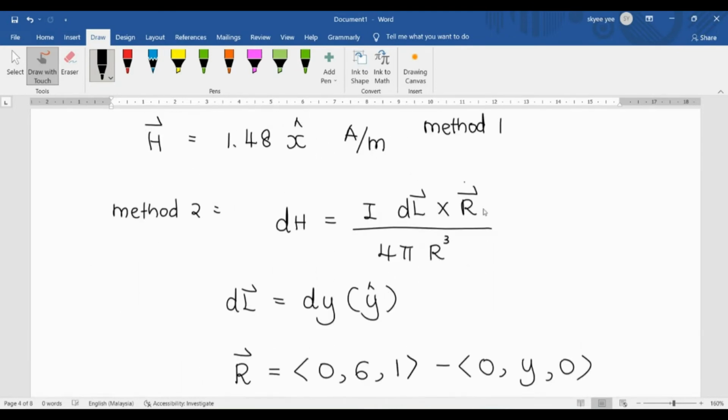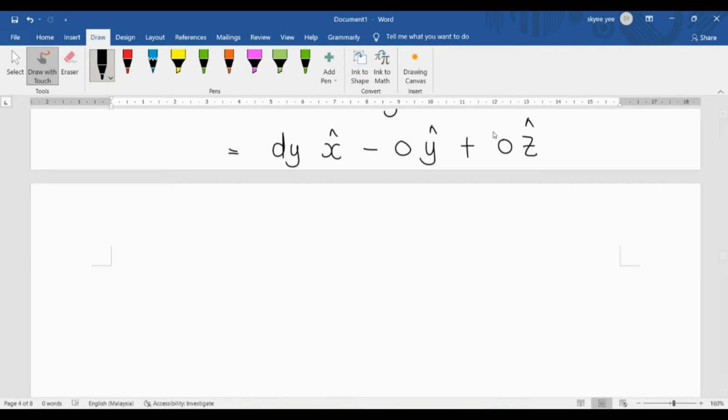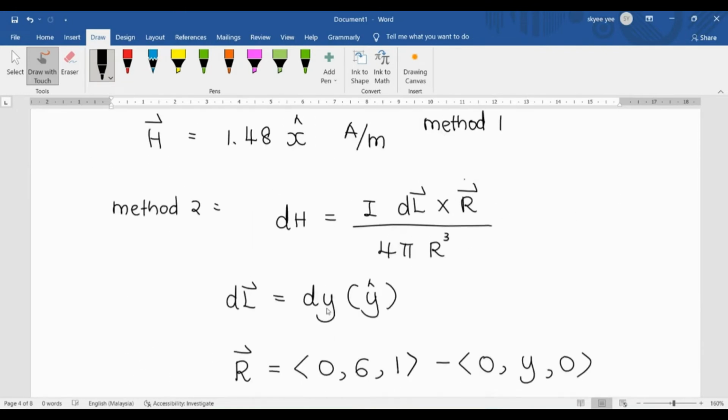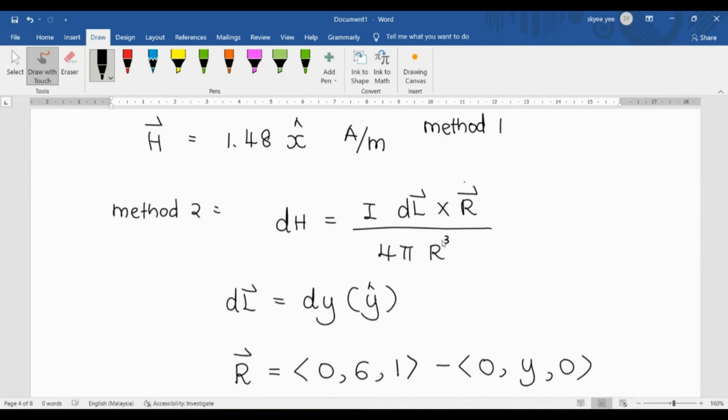This whole thing has been simplified into dy. So let us write it out. This has become dy in the x direction over 4 pi r cubed.